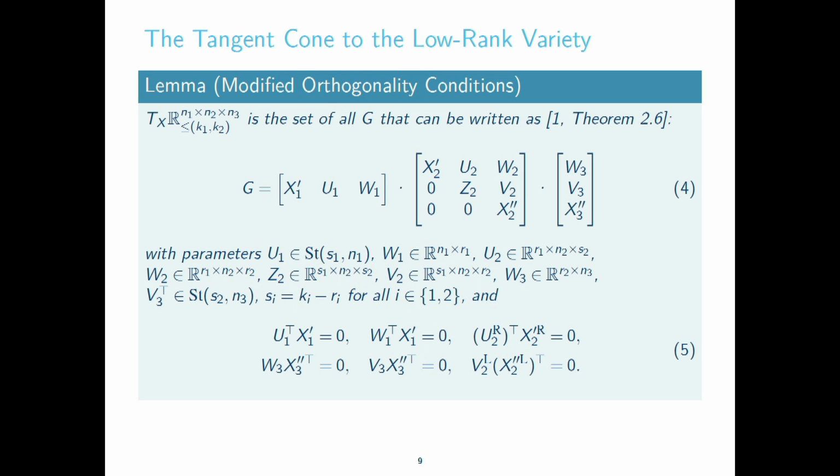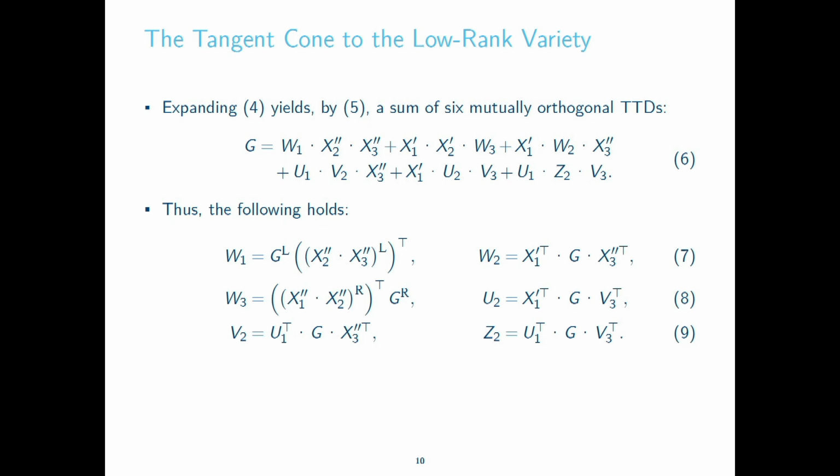In the paper of Kuchan, certain orthogonality conditions were defined, but we modified these orthogonality conditions to make the proposed method more stable. And so we use the following conditions. Because of these orthogonality conditions, if we expand this block tensor train decomposition, we get a sum of 6 mutually orthogonal tensor train decompositions.